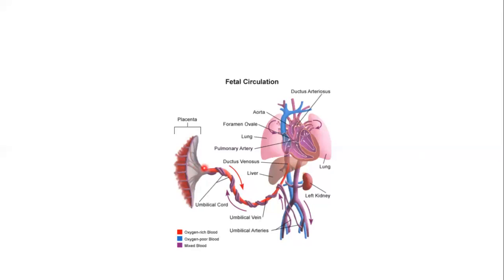Those are the three blood vessels in the fetal circulation: the umbilical vein and two umbilical arteries.